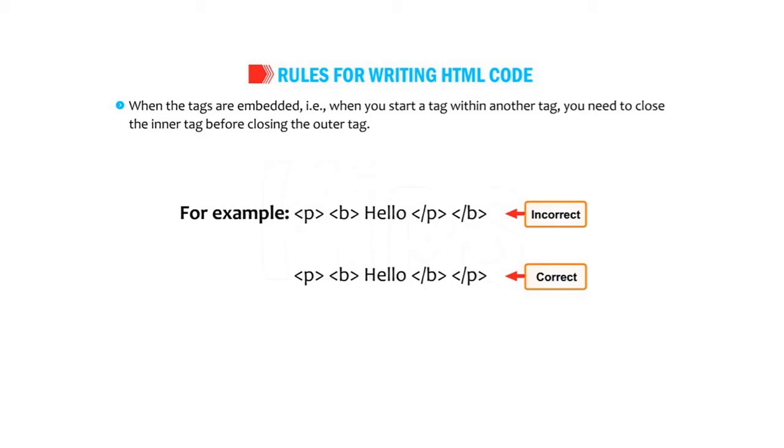So the first one is incorrect, because if we open the p tag first and open the b tag after that, then we have to close the b tag first and then close the p tag. The second one is the correct form of writing the tags.